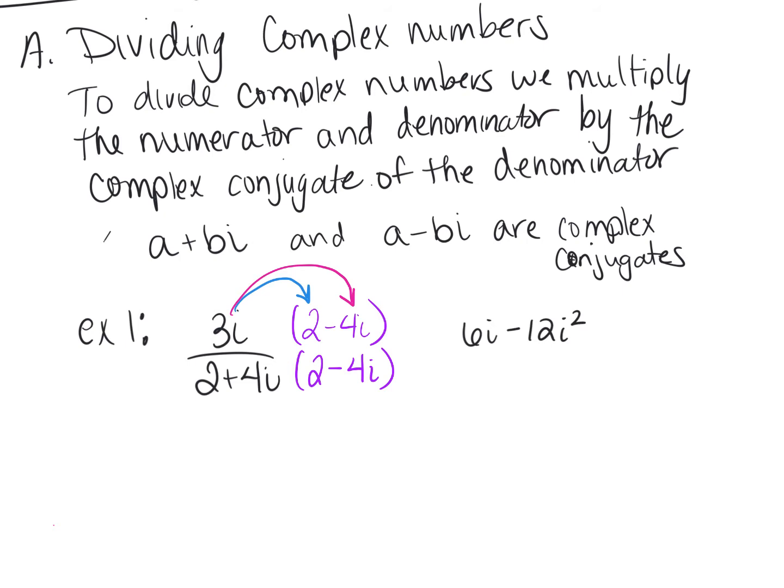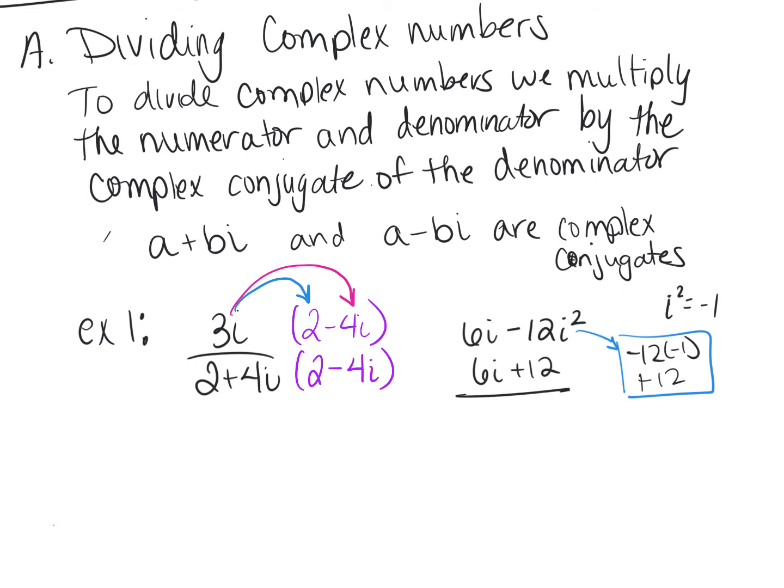What does i squared equal? i squared is negative 1, so that makes this 6i plus 12, because negative 12 times negative 1 gives us positive 12. And then we are going to multiply out the bottom. So this is my numerator.